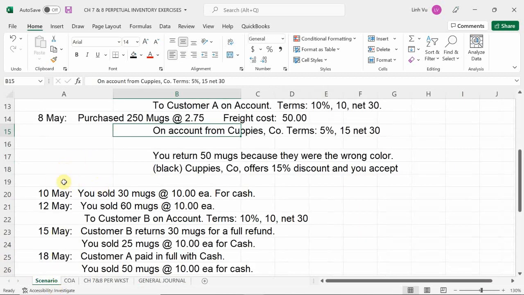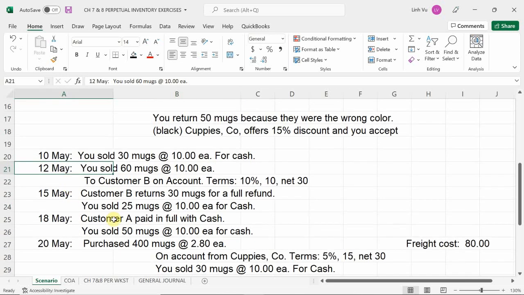All right, so that was May 10. May 12th rolls around and you end up selling 60 of those mugs at $10 each to customer B on an account. You gave them terms of 10%, 10 net 30.